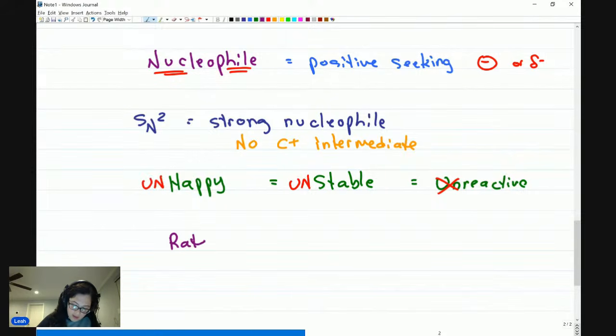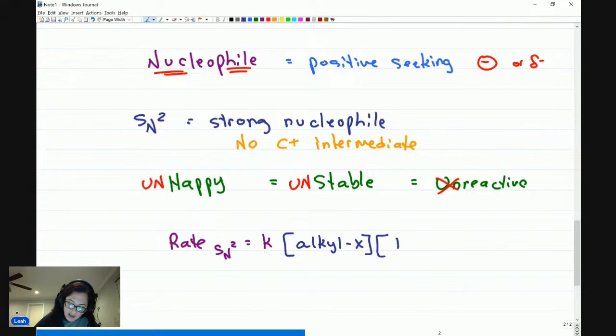The rate of an SN2 reaction is equal to some constant K times the concentration of the alkyl halide. We'll call it alkyl X, X being the halogen, and the concentration of the nucleophile, the incoming attacker. The constant is determined by the specific reaction. We don't care about that.